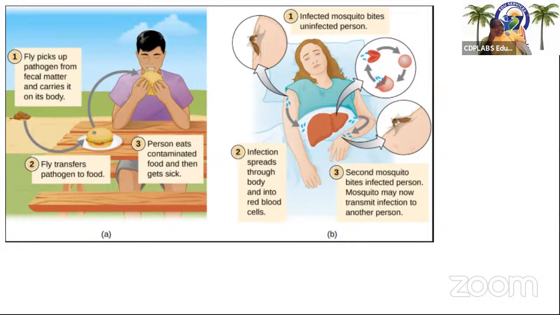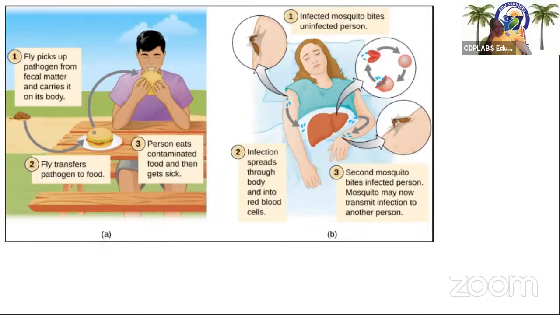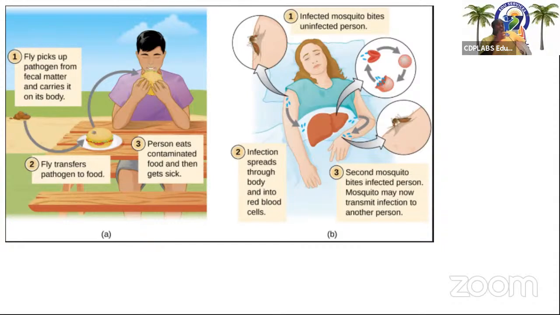Now, picture number two. The infected mosquito bites an uninfected person. So again, the mosquito becomes the vector. The infection starts to spread in the body and into the red blood cells.